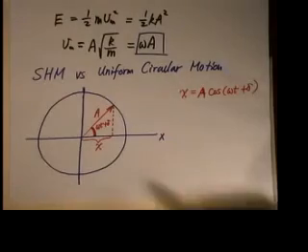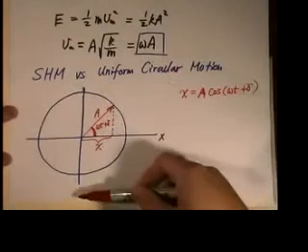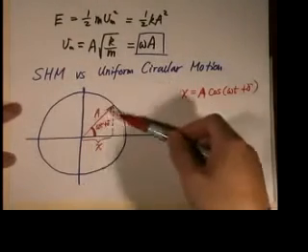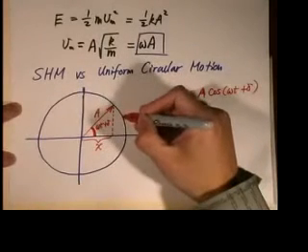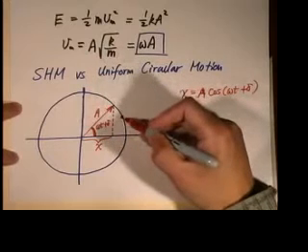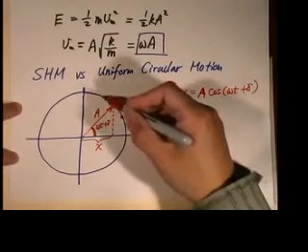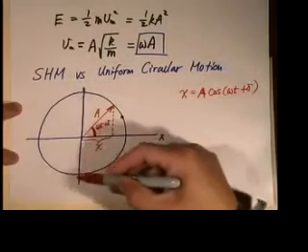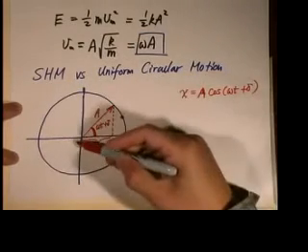Imagine a two-dimensional circle, x and y, in the xy plane. An object starts from a certain point here and moves at a constant speed in a circle of radius A centered at the origin.